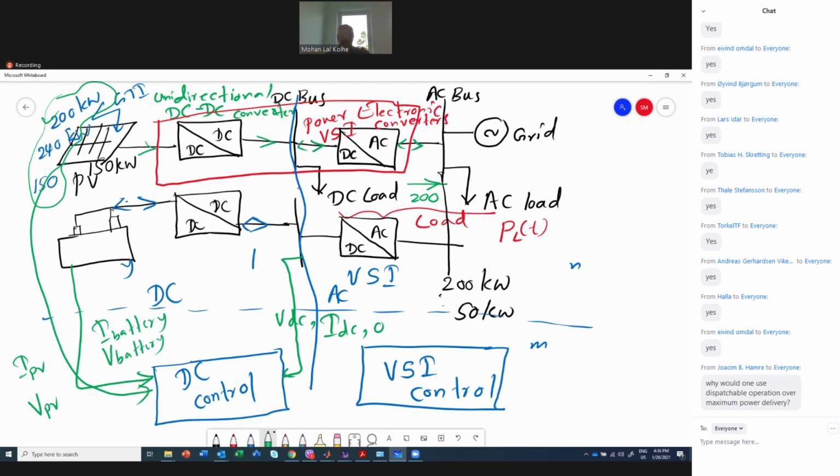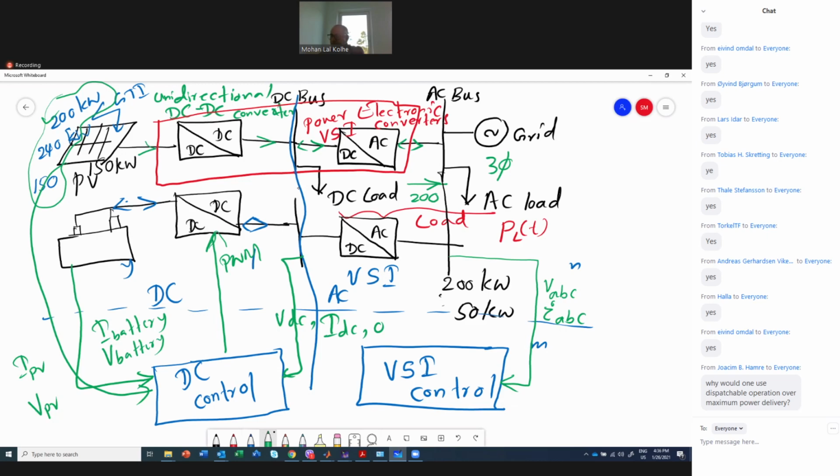We take these inputs to this controller, and we generate the PWM signal to these power electronic converters. And here also we are taking the inputs from this AC bus, that is VABC, IABC. Why am I using this ABC? Here the supply is three-phase. So therefore you have VA, VB, VC, IA, IB, IC.